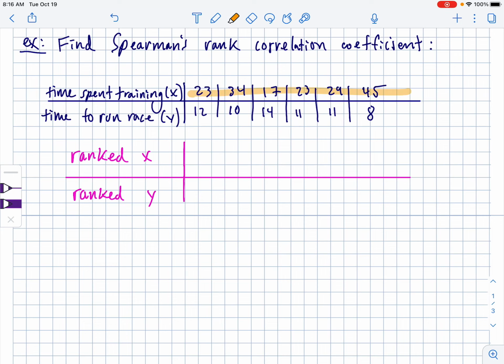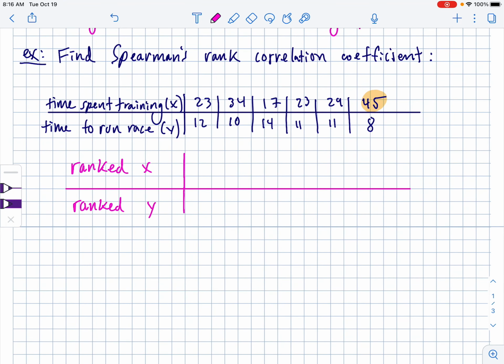To rank the x's, you look at the x's in the top row and decide what is the largest x. When you look at all of these values, what's the biggest number? Okay, 45 is the biggest number. Down here, I'll put some lines so this is correlated.